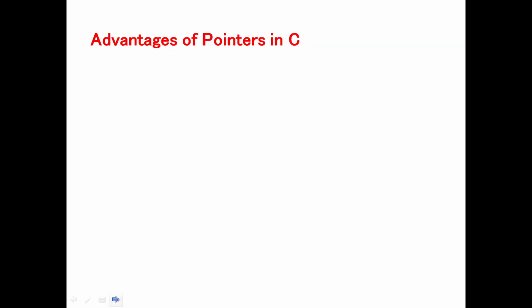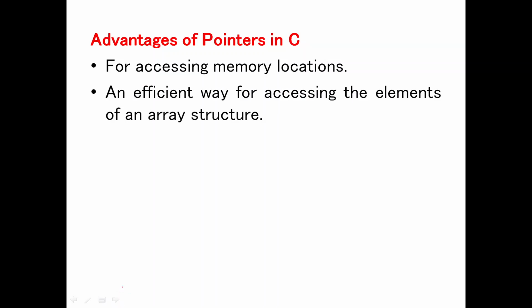The pointer is very helpful for accessing the memory location. Previously we saw that we are able to access the memory directly from somewhere else by using the memory address, and also it is an efficient way of accessing elements in an array.